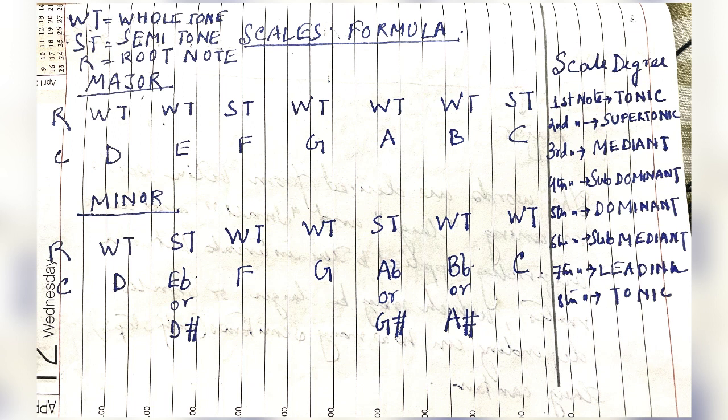Now, these notes have names. In the musical language, the first note is called the tonic, the second, the supertonic, the third is called the mediant, the fourth is called the subdominant, the fifth, the dominant, the sixth, the submediant, the seventh is the leading note, and the eighth is the tonic.